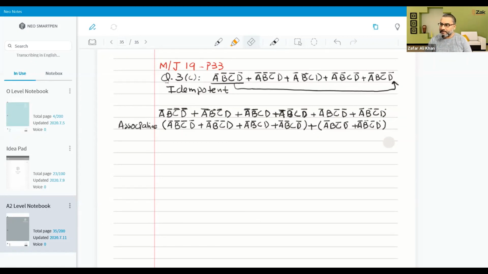All right, so this is the completion of the associative law. So this would become A naught, B naught, C naught.